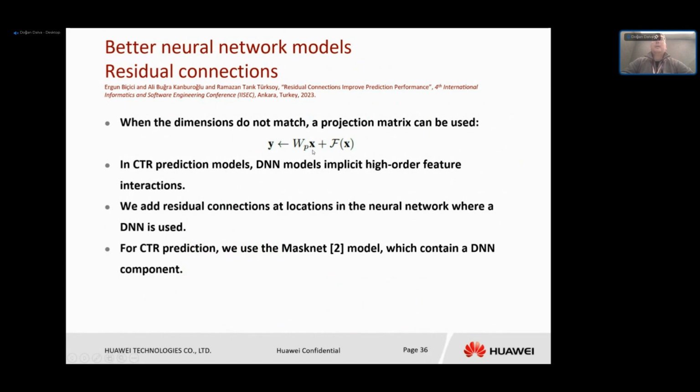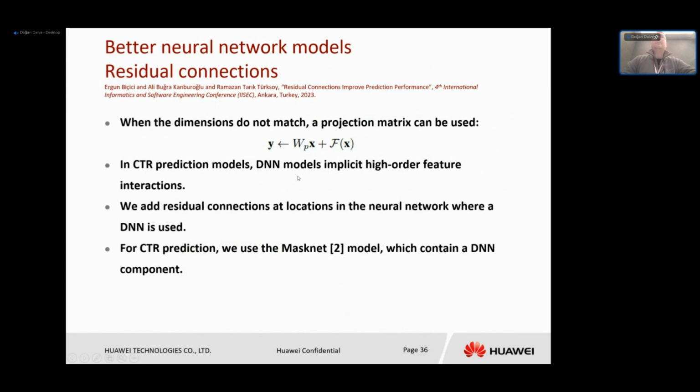The dimensions may not match, so we can add a projection matrix WP to the input so that the addition works correctly. And in CTR prediction models, DNN, as I mentioned, produces implicit higher order feature interactions. And FM, for instance, produces explicit feature interactions.